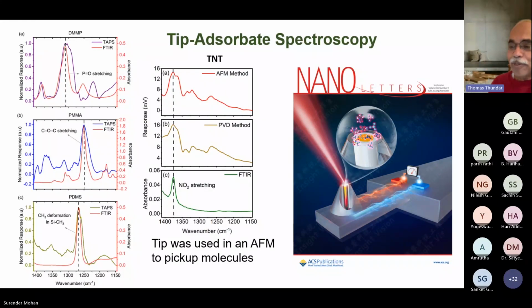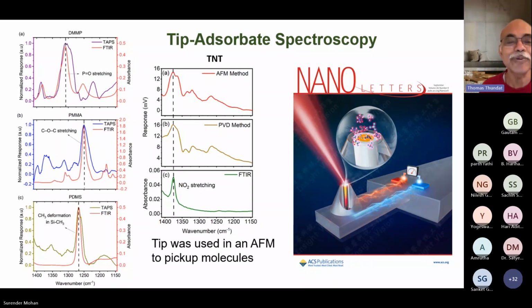Or, since this looks like an atomic force microscope cantilever, you can load this on an atomic force microscope, and then assume there's a TNT adsorber on a surface. You can go there and then pick up just enough material at the tip. So AFM can also be used to pick up material at the end of the tip, right?